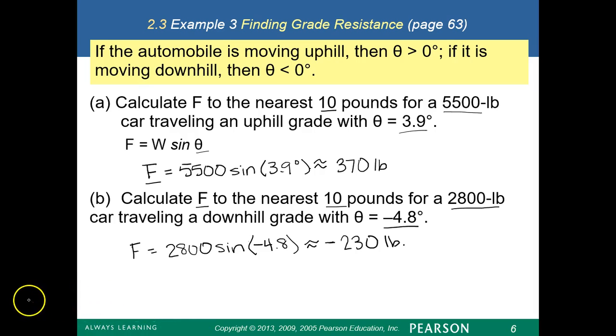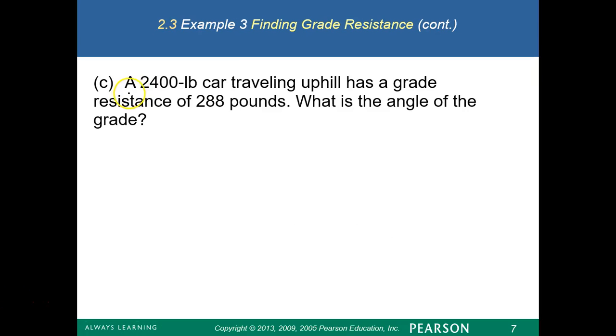All right, last example, part C of this. So in part C, we are asked, it says a 2,400 pound car traveling uphill has a grade resistance of 288 pounds. What is the angle of the grade? Okay, so let's write down our force equals our weight times sine of our theta, which is the angle grade.